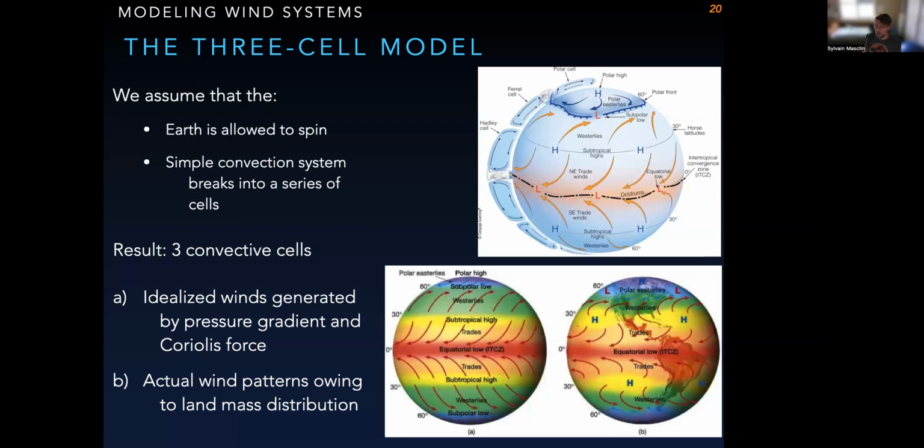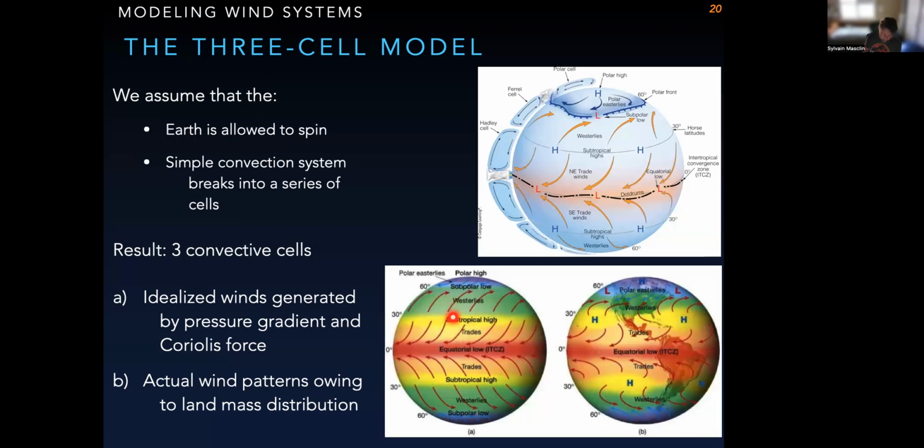With that type of model, we come towards something more realistic to what we can observe, with three patterns of wind. We have a wind that blows from the northeast toward the southwest between 30 and 0 degrees latitude, which we call the trade winds or the easterlies.